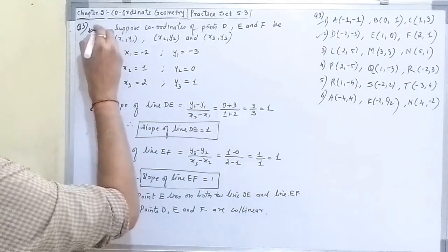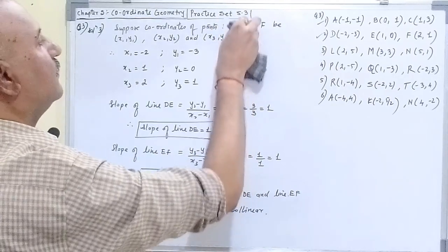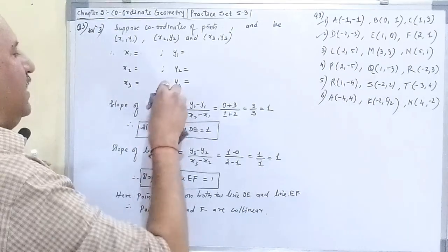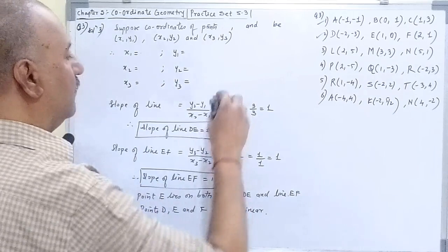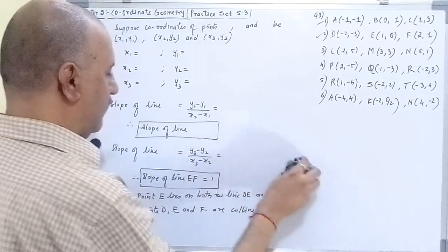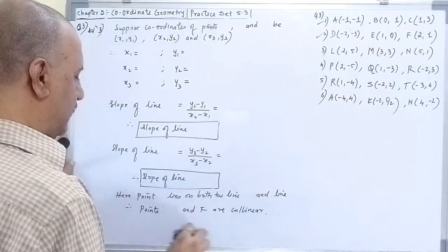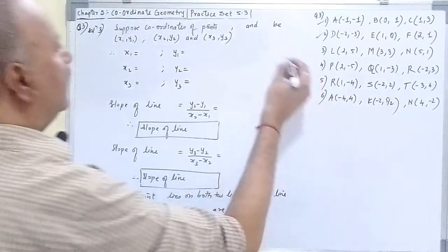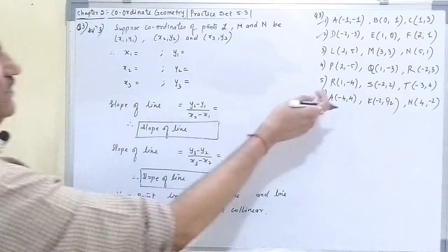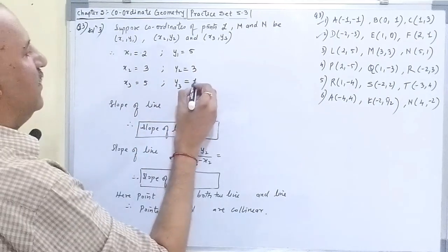Now third, LMN are the points. The first line will be LM. Now we check whether points L, M, N are in line. If your coordinates are x1 y1 x2 y2 x3 y3, write down L as 2, 5, M is 3, 3, N is 5, 1.